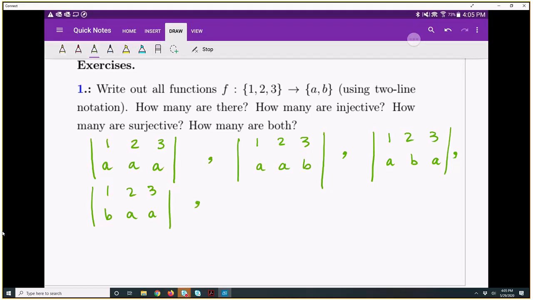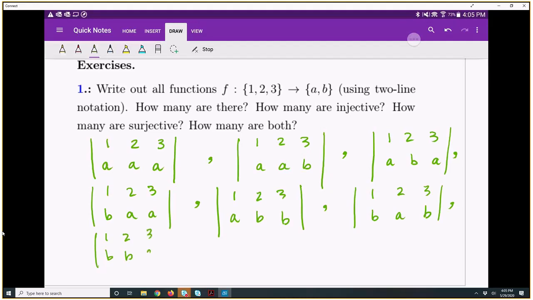Or I could have 2 of them mapping to B and 1 of them mapping to A. So I could have 1 going to A, but 2 goes to B and 3 goes to B. I could have 1 going to B, 2 going to A, and 3 going to B. I could have 1 going to B, 2 going to B, and 3 going to A. And finally, I could have all of them going to B. So all of these are valid functions because for each element in the domain, I've assigned exactly 1 element in the codomain.